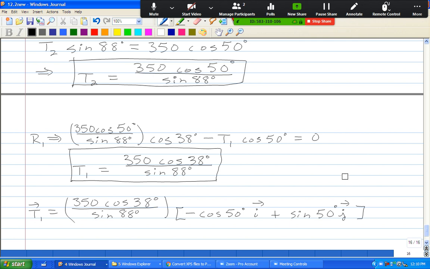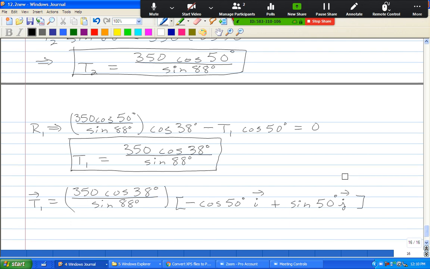Okay, good. Finally able to move it. Let's look at T2.